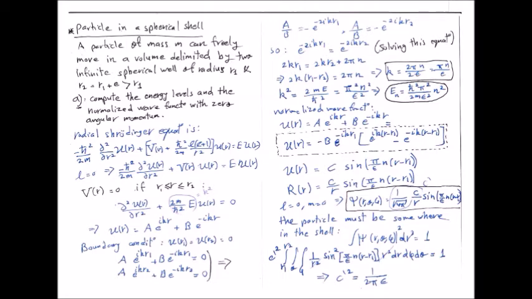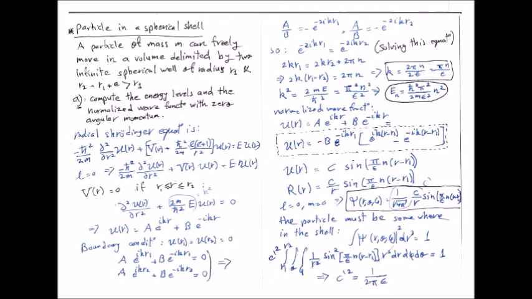Then we also need to consider something else if we need to solve this problem. If we need to solve this equation in the shell where there is no potential, then V(r) equals 0, and then we have just this simple differential equation where the constant 2m over h bar squared multiplied by E equals, I call it, k square.